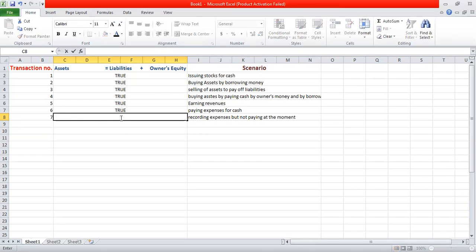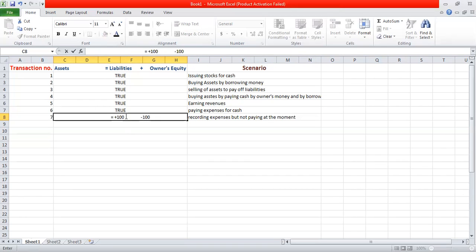There is an increase in the liabilities, because you are liable to pay someone, and there is a decrease in the owner's equity because you are recording those expenses.